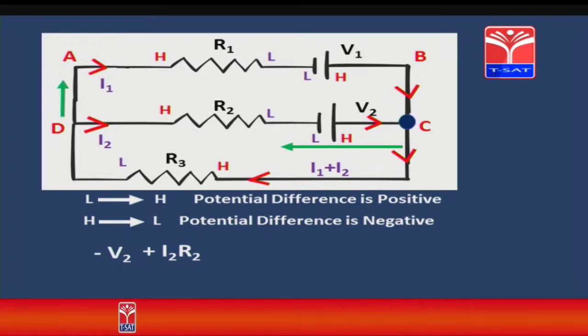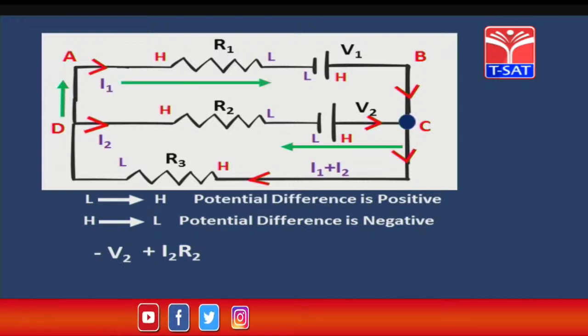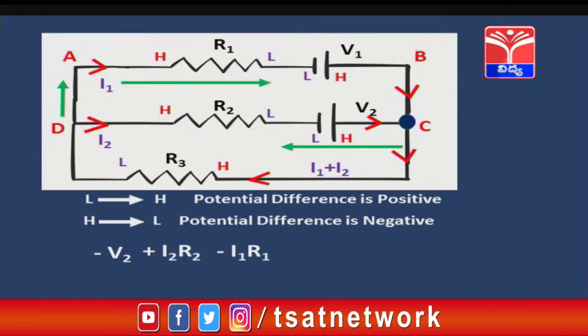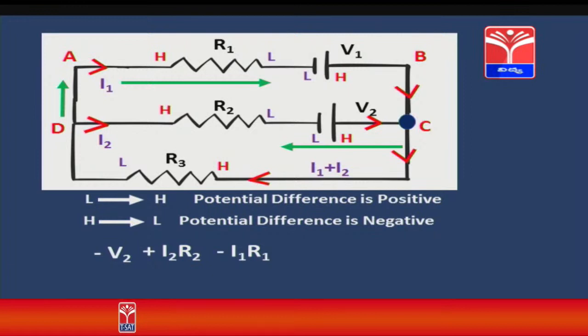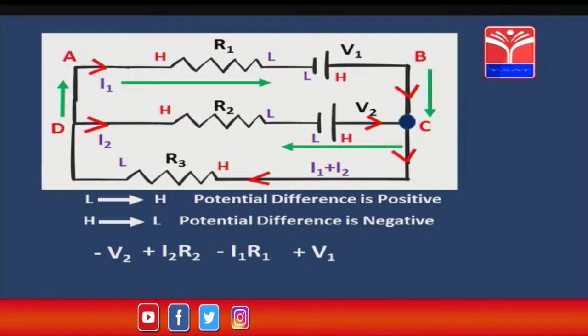As we move further towards A, we come across resistance R1 and we move from high potential to low potential and hence the potential difference is negative, which is minus I1 R1, and further we come across battery V1 and the potential difference is from low to high and hence it has to be positive. So, plus V1 we have to write and come back to point C.